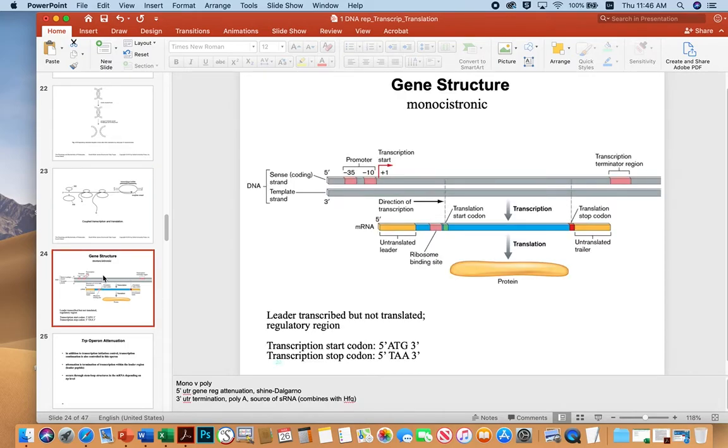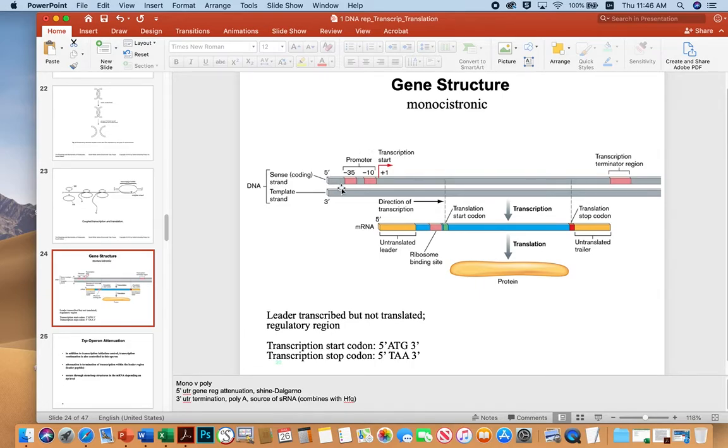This happens to be a monocistronic gene organization, meaning that there's a single gene, a single promoter, and a single transcription terminator. This open reading frame here represents a single gene product. And I'll talk about polycistronic structure in a later slide.